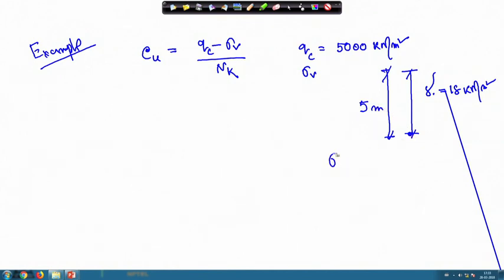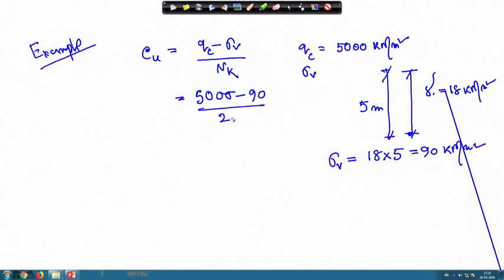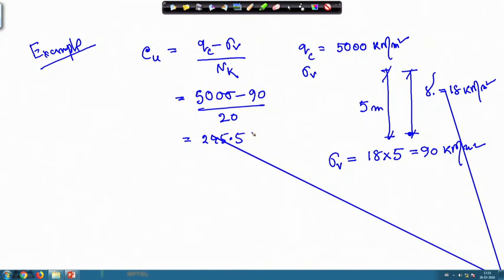Remember that this is the total stress. So, you have to calculate 18 into 5, that is 90 kilonewton per meter square. So, we can write 5000 minus 90, and the Nk value is taken as 20. If I take these, the undrained cohesion of the soil is 45.5 kilonewton.